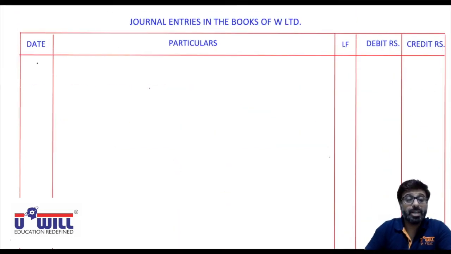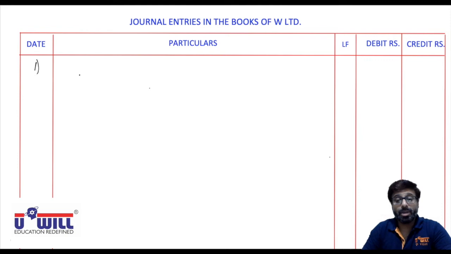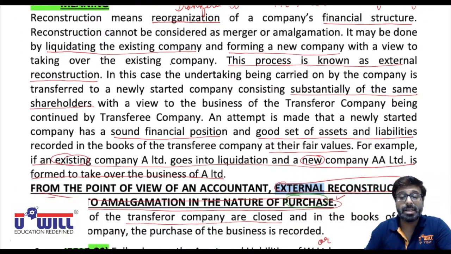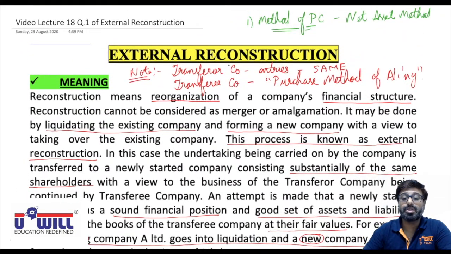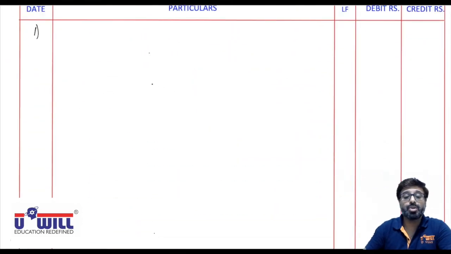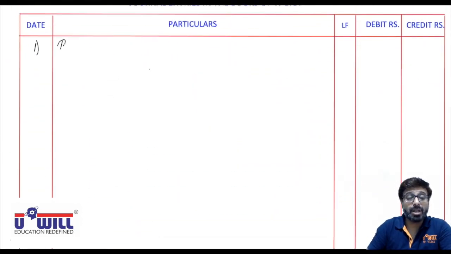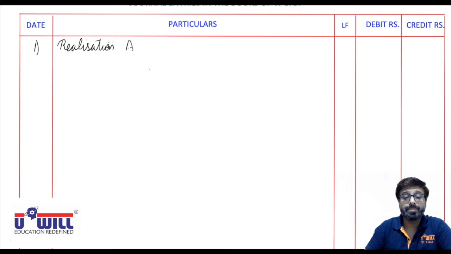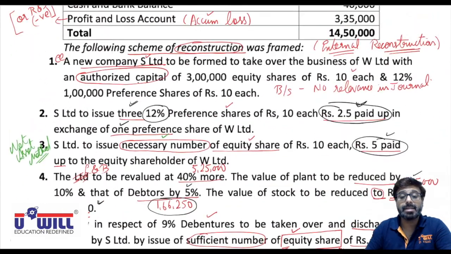So first entry in the books of transferor company. As we discussed in external reconstruction, the entries in the books of transferor companies will remain exactly the same. So realization account debit to assets account. Closing of assets.